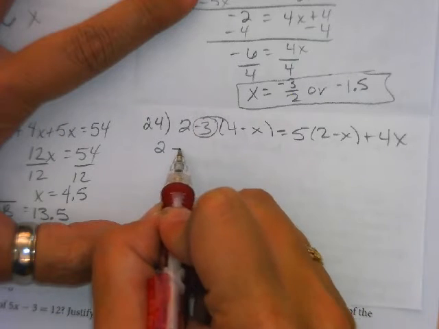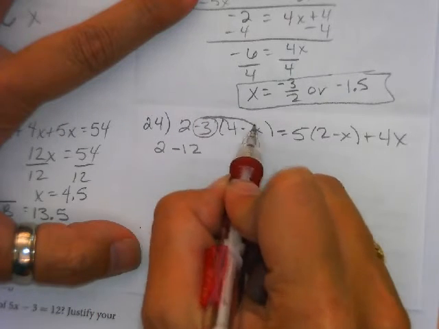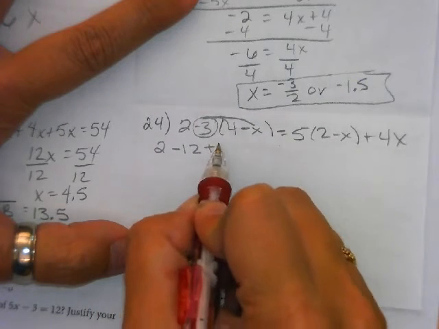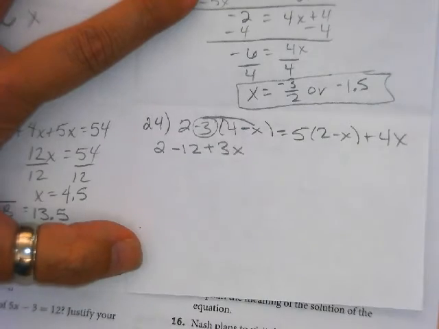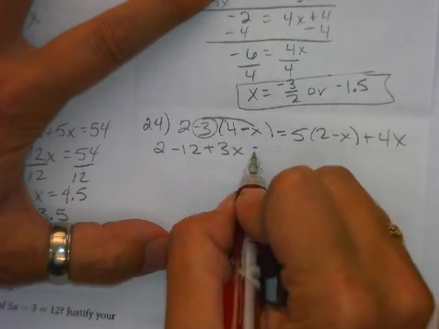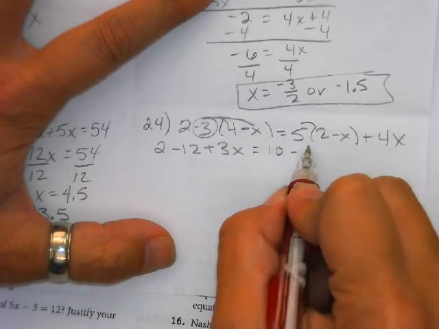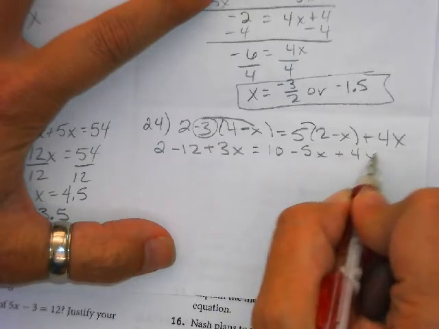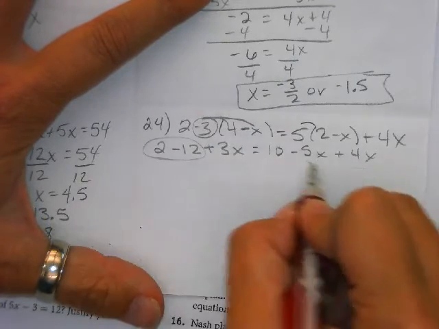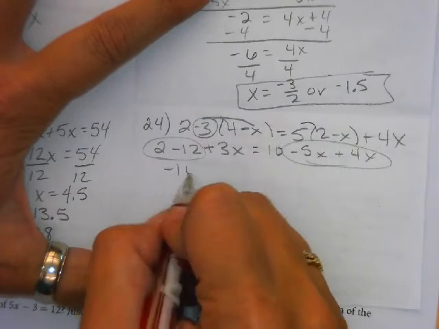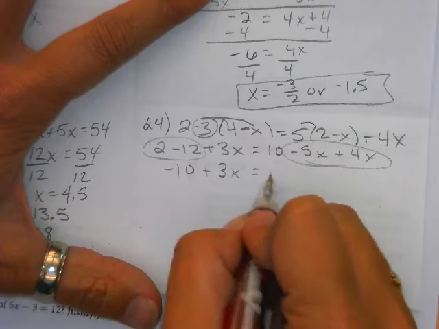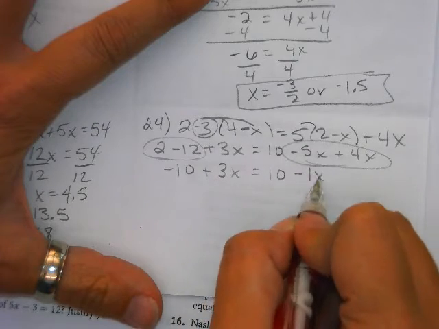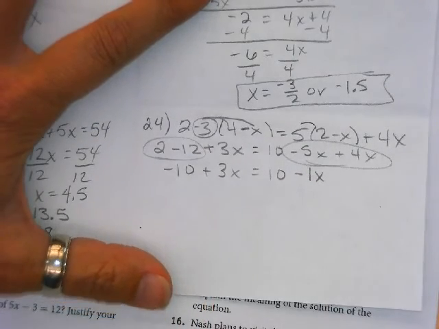Negative 3 times 4 is negative 12, but a negative 3 times a negative x is a positive 3x equals 10 minus 5x plus 4x. So we can collect like terms here and here. Negative 10 plus 3x equals 10 minus 1x. You don't have to put the 1, you can just put x.